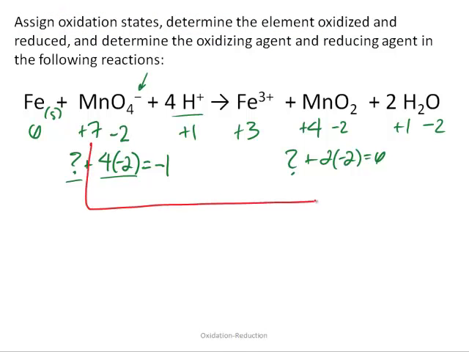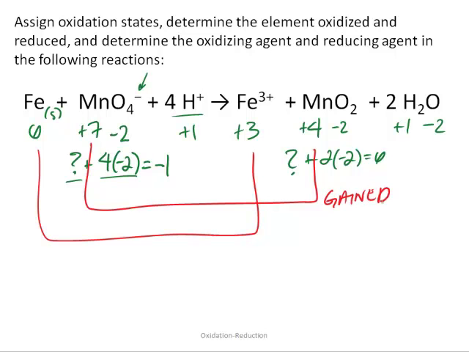Okay. So what has changed? Manganese went from a plus 7 to a plus 4, and iron went from a 0 to plus 3. Manganese went from a plus 7 to now only has 4 more protons than electrons, so this has gained 3 electrons. And of course, if iron starts at 0 and suddenly has a plus 3 charge, it definitely lost 3 electrons. So if we're gaining electrons, this is our reduction, the GER part of asking LEO.